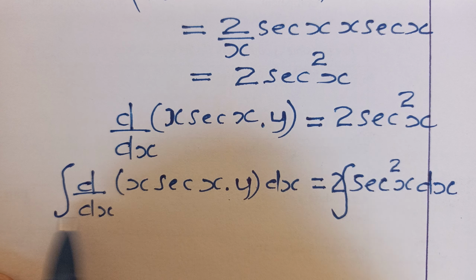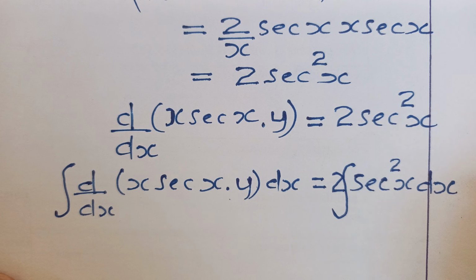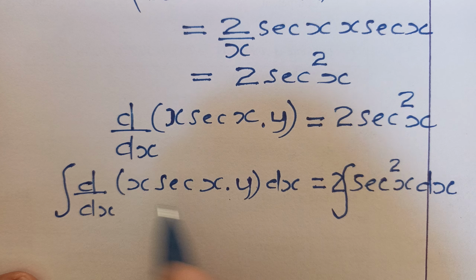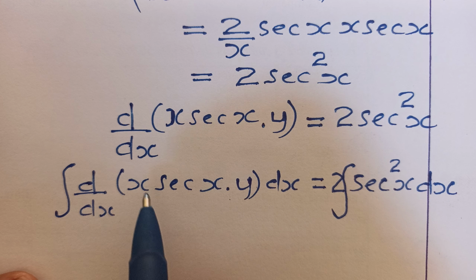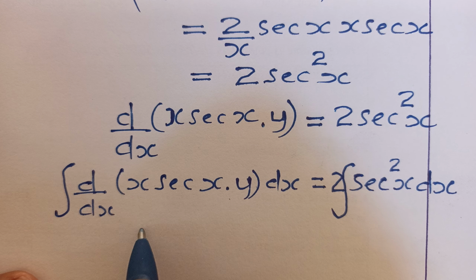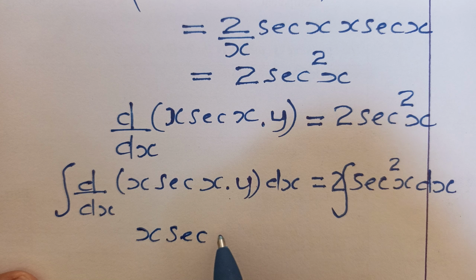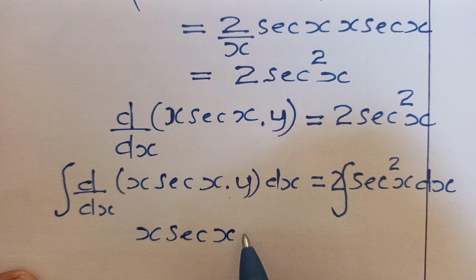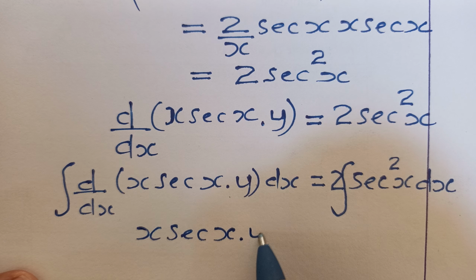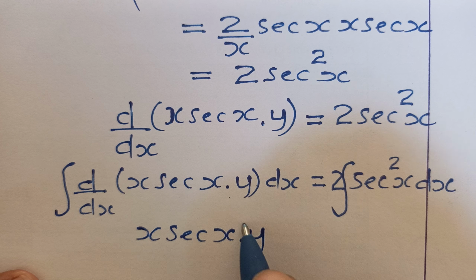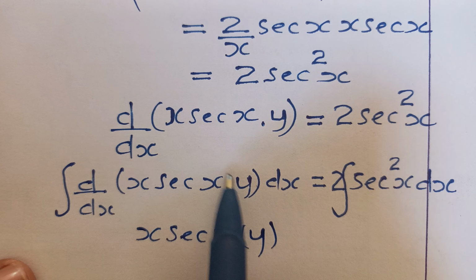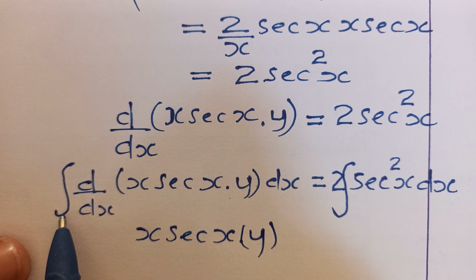For this side, the integral comes to the integrating factor multiplied by y. So this side we have x sec x y. Because remember, the opposite of integration is differentiation.